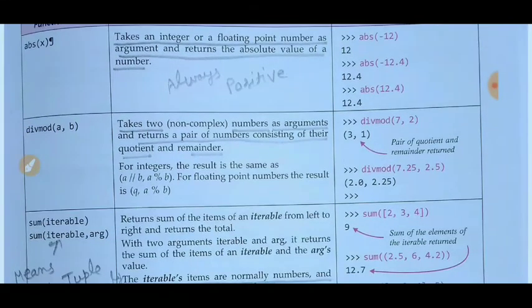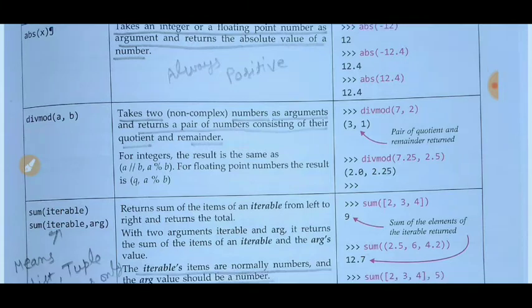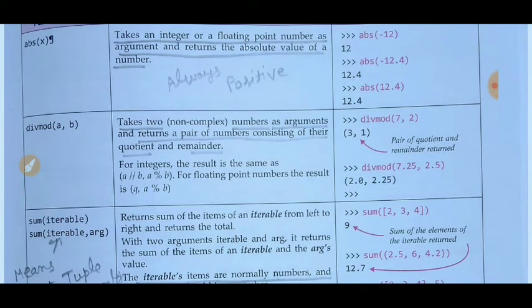Next is divmod. Divmod in bracket a comma b. So divmod is a mathematical built-in function having two parameters. So it takes two parameters, both the parameters are non-complex numbers, means simple arguments, either in terms of integer or in terms of float, and it returns a pair of numbers consisting of their quotient and remainder.